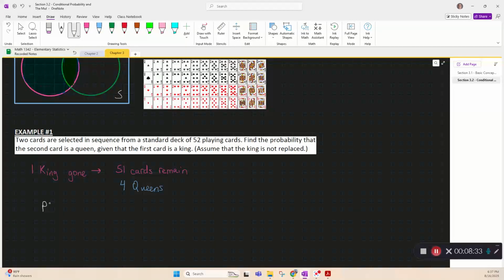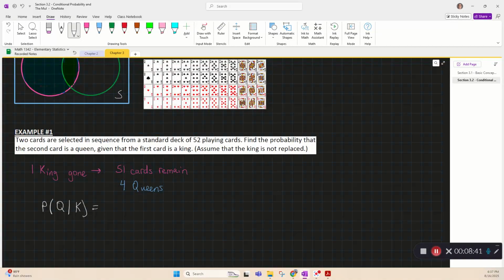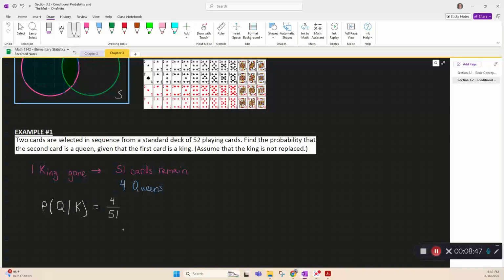So the probability that we get a queen, given we have a king, would be the 4 queens that remain out of the 51 remaining cards. So again, one king went away.